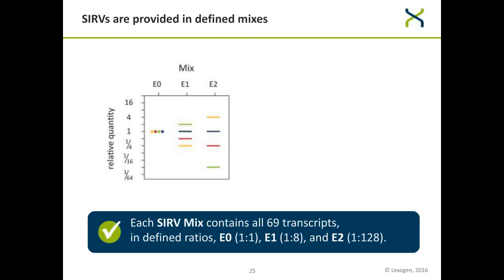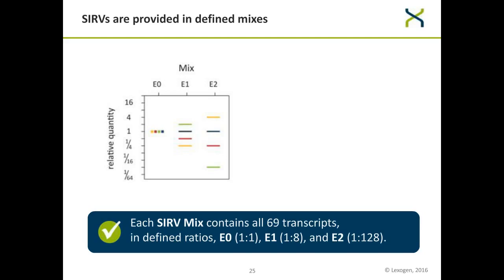So you see that at the 0 we've got all the submixes and all the SERVs at equal levels. In mix E1 we have now the different variants of a given gene in the different submixes up to 8-fold different concentration, and in E2 actually this concentration goes up to 128-fold.